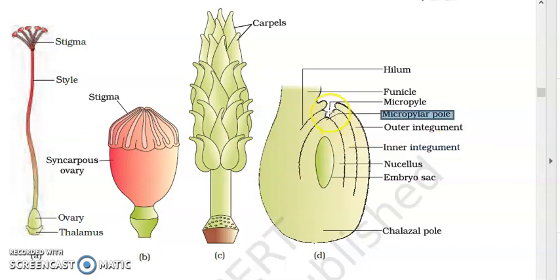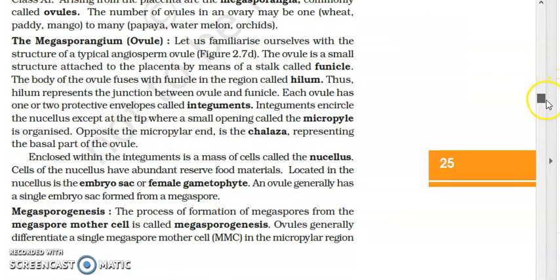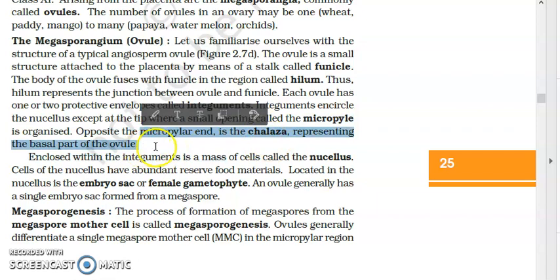And opposite to the micropyle, the opposite end of the megasporangium becomes the chalazal pole, or the chalaza. So it's quite okay that you can remember it like this. Essentially the end opposite to the micropyle is the chalaza, and this represents the basal part, or the base of the ovule, right?